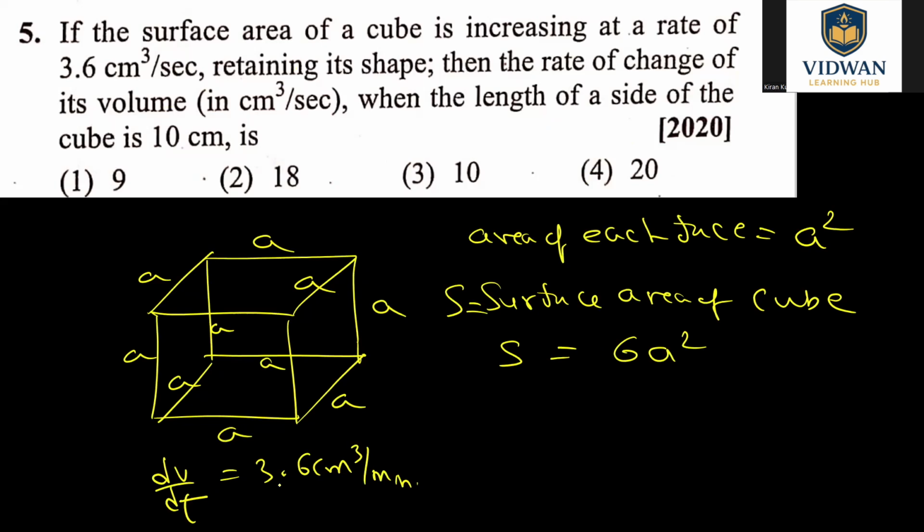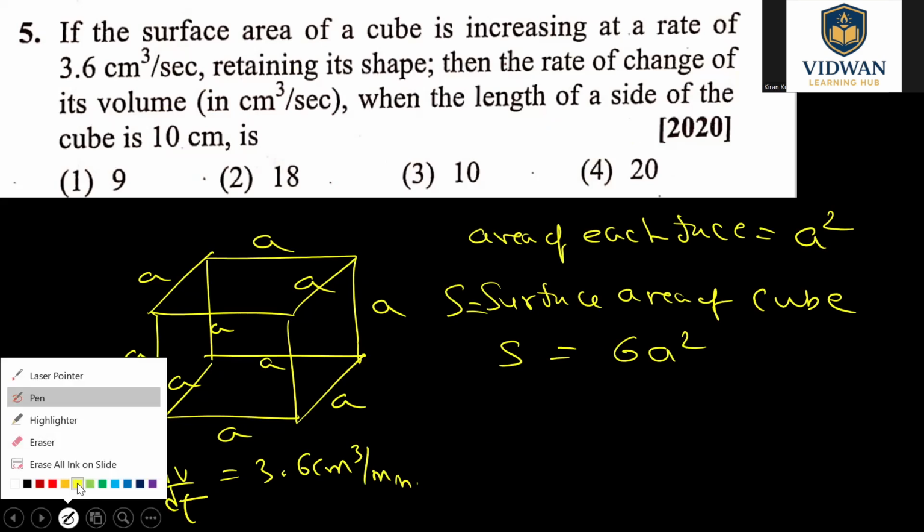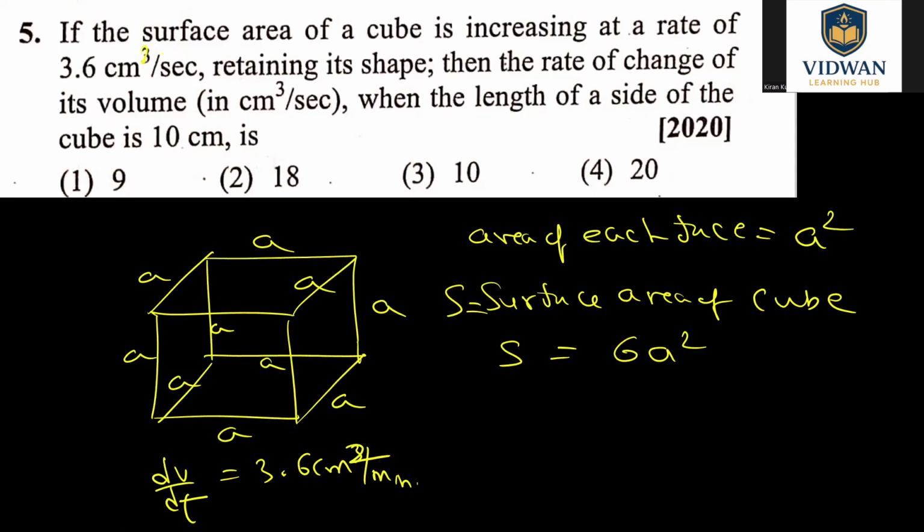So the unit should be centimeter square there. They gave that wrong. So this one should be square. I thought it was volume because it was cube, but actually they mentioned it is rate of change of surface area. So dS by dt they gave us. And they're asking us to find the rate of change of volume.